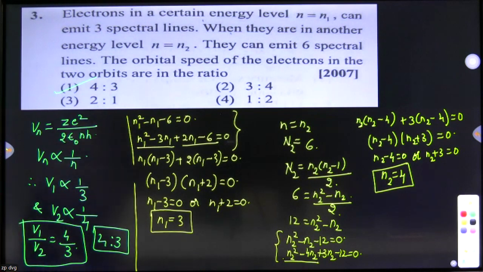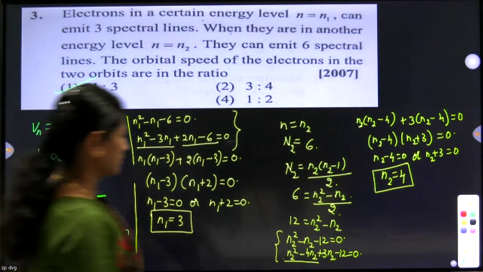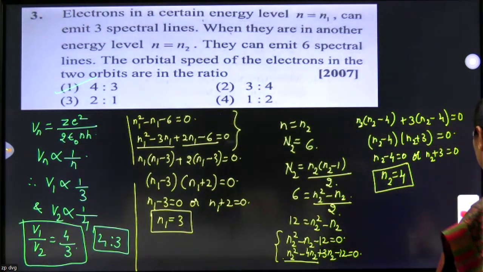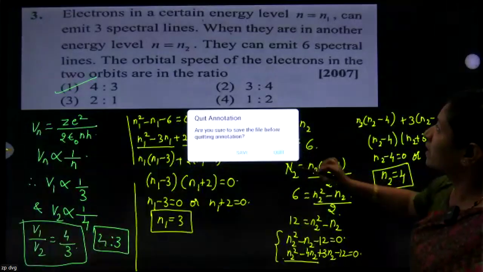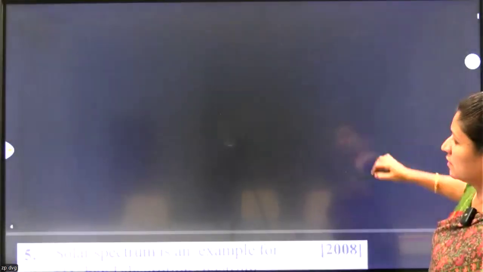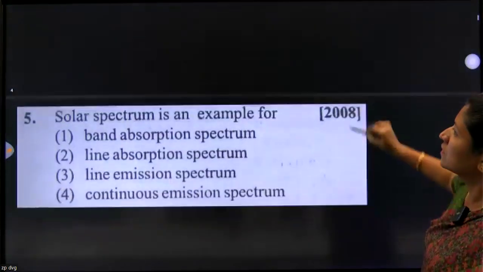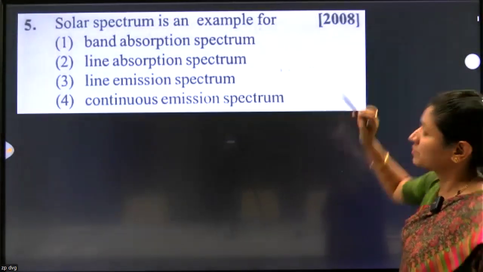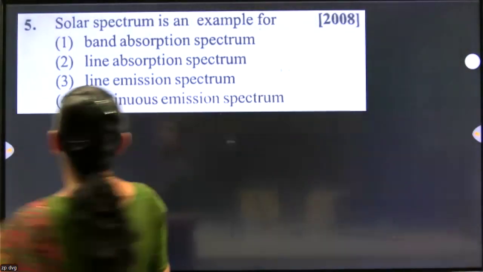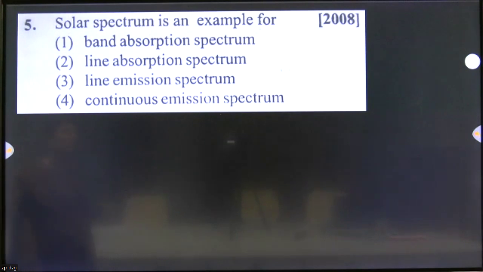Okay, I think you understood this problem. Next, we can move to the fifth question. Solar spectrum is an example for, yesterday we already discussed about this.